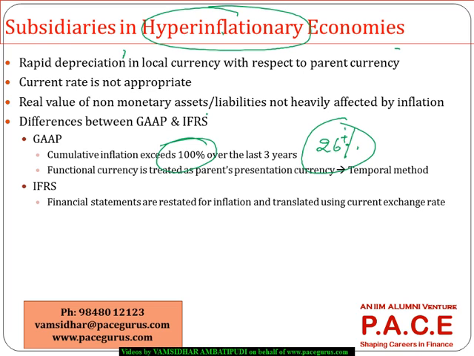So let's look at that particular aspect, and probably we can use our current data itself to handle that situation, assuming that the subsidiary which we were dealing with till now was operating in some hyperinflationary economy.